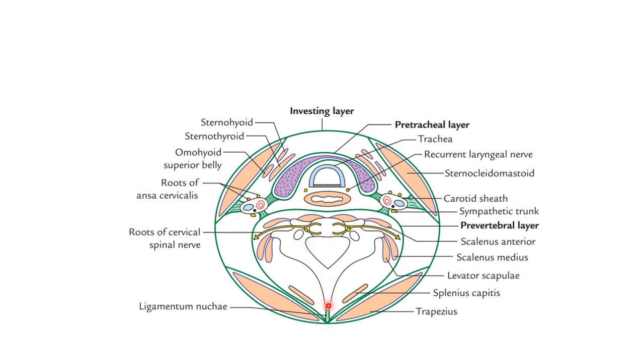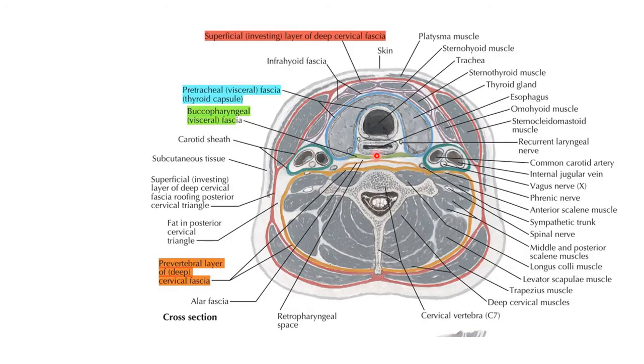So that was about the prevertebral layer of the deep cervical fascia. Now we will talk about spaces in the neck. This is the pretracheal layer, anterior lateral part, and the posterior part.